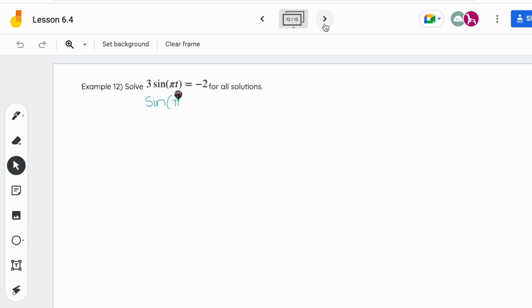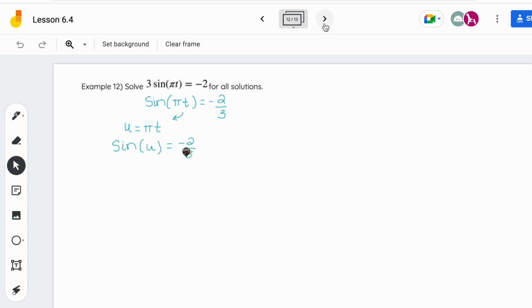So sine of pi t is -2/3. Since we have something inside and not just a whole number, we do have to utilize our u substitution. So I'm going to let u equal pi t, a little different than what we have been utilizing thus far. But I'm looking for sine of u is negative 2/3.